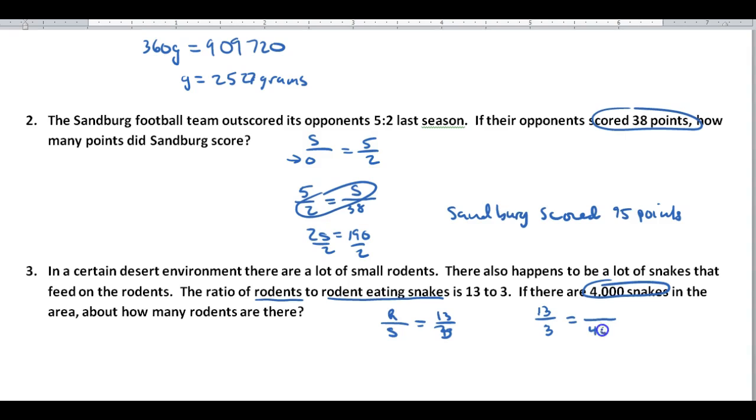In the denominator. And we're looking for our rodents. So cross multiply, 3R equals 13 times 4,000, which is 52,000. When you divide by 3, there are going to be approximately 17,333 rodents.